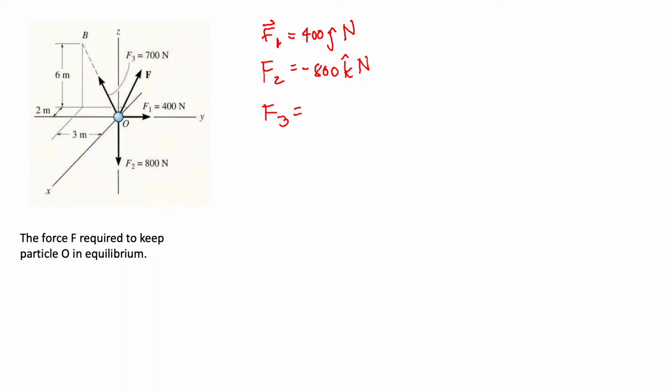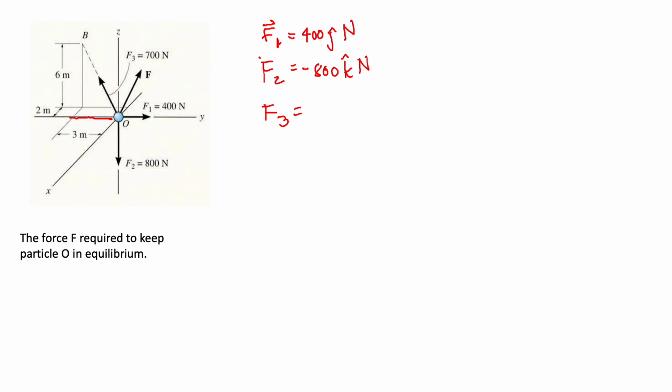While for F3, notice that F3 has three components. The first component is on the positive y-axis, the second component is 2 meters from the negative x-axis, and the third component is negative 3 on the y-axis.